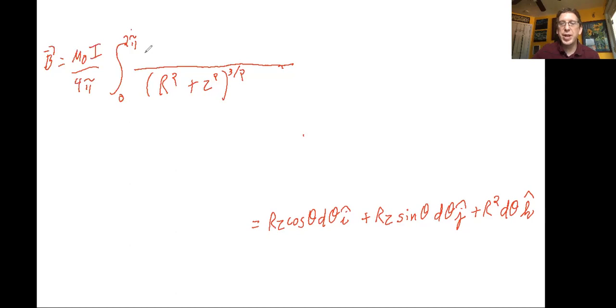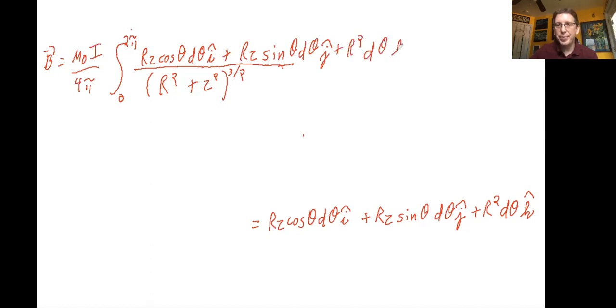So we have in the numerator then Rz cosine theta d theta i hat plus capital Rz sine theta d theta j hat plus capital R squared d theta k hat. So that's what you're integrating over 2 pi.